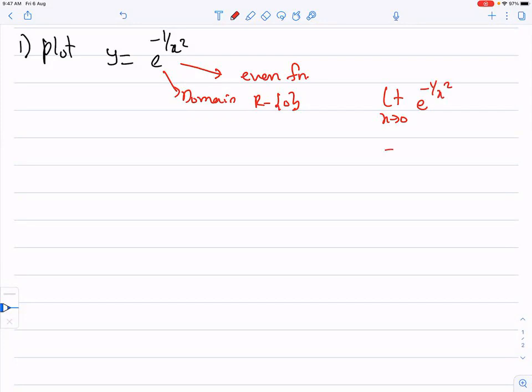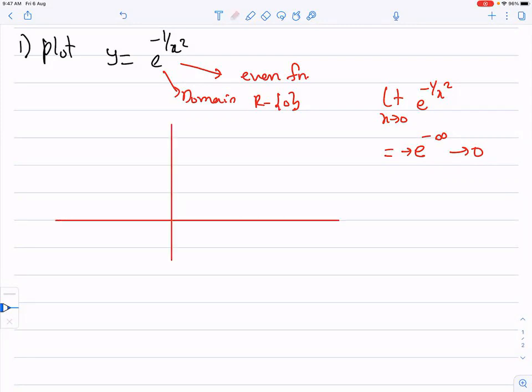That is going to tend to e raised to minus infinity, whether from 0 plus or 0 minus; you can take either, it doesn't matter. So e raised to minus infinity tends to 0, which means when we approach 0, the graph is at 0.